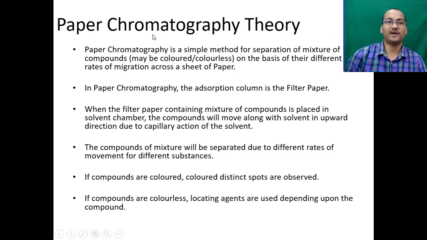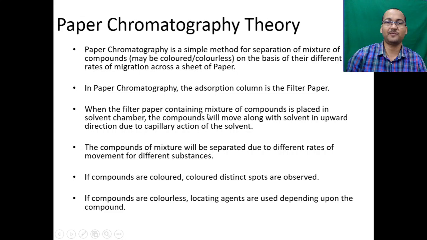So we need to know first what is the basic principle or theory behind paper chromatography. Paper chromatography is a simple method for separation of a mixture of compounds, may be colored or colorless, on the basis of their different rates of migration across a sheet of paper. In paper chromatography, the adsorption column is the filter paper.